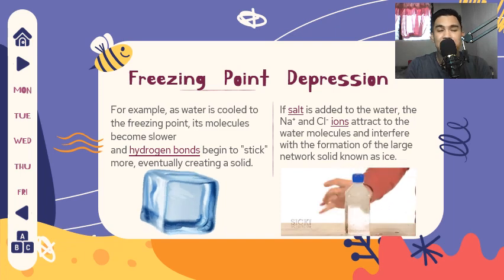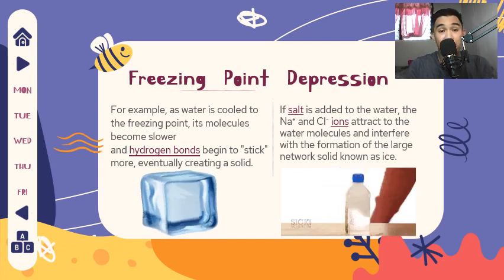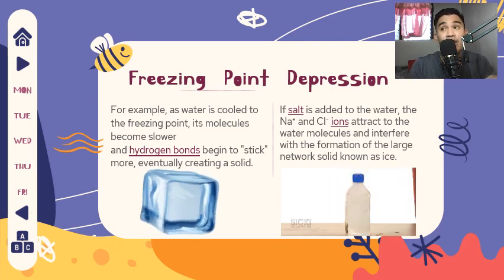For example, as water is cooled to the freezing point, its molecules become slower and hydrogen bonds begin to stick more, eventually creating a solid. That is for an ordinary solvent, which is water.